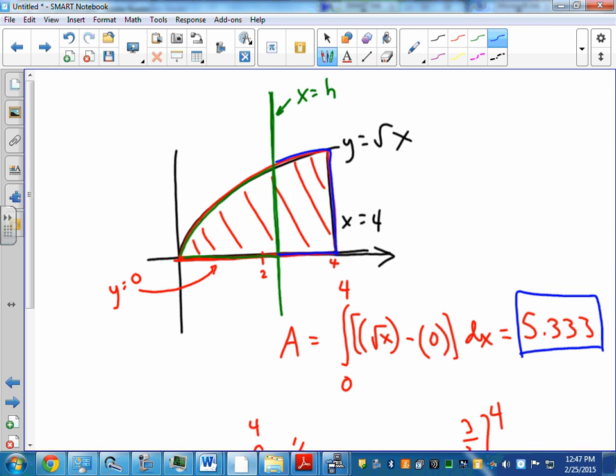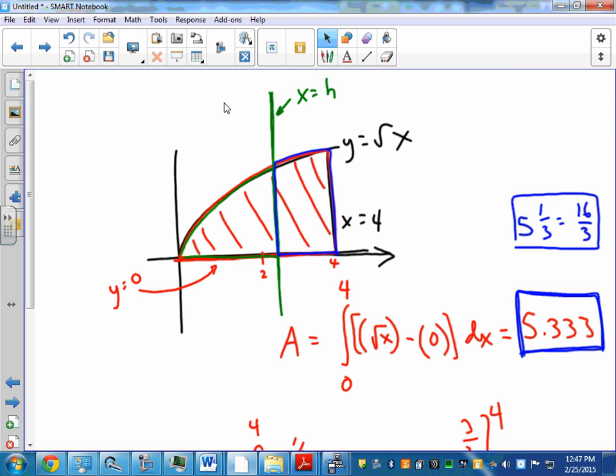Okay, so how might we go about doing this? Well, we know the total area is 5.33. We said that was 5 1/3, or if you want, 16/3. That was our total area there. We want this line to give us exactly half.